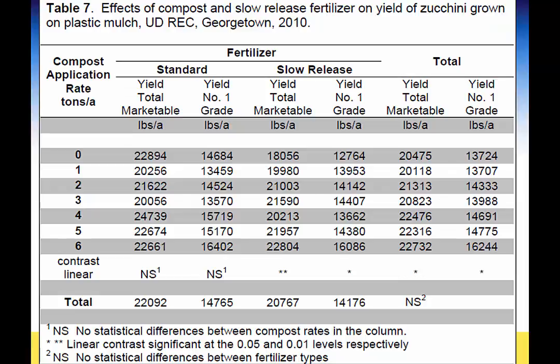Some older work that I did back 4 or 5 years ago, look at the zero rate here. These are all rates of compost, but the zero rate would be where we're just using fertilizers. In this case with zucchini, we saw no yield advantage to using the slow release. In fact, maybe a little bit of yield loss.